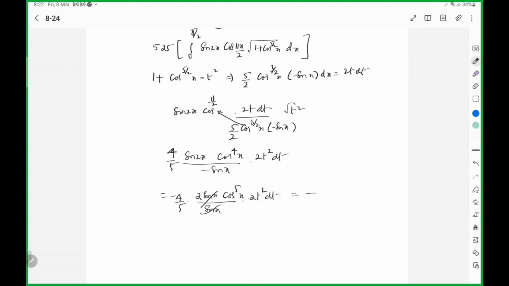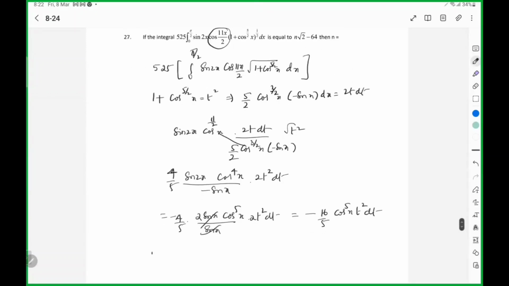So here it is 16 by 5 t square dt. After simplification we got minus 16 by 5 cos power 5x t square dt.